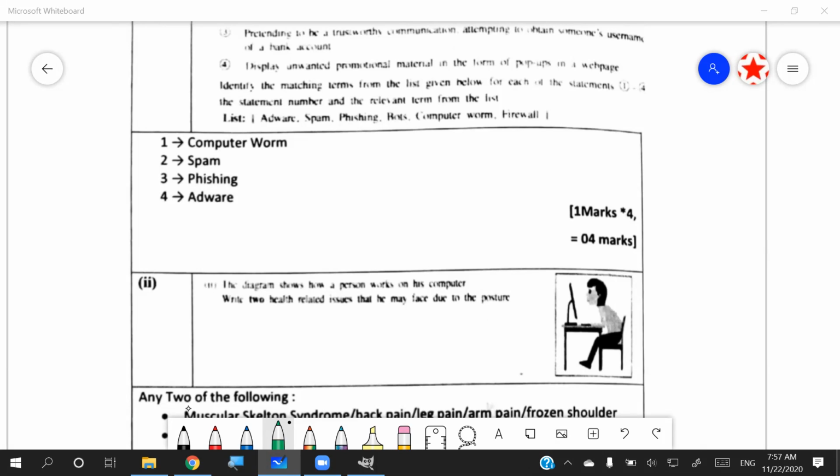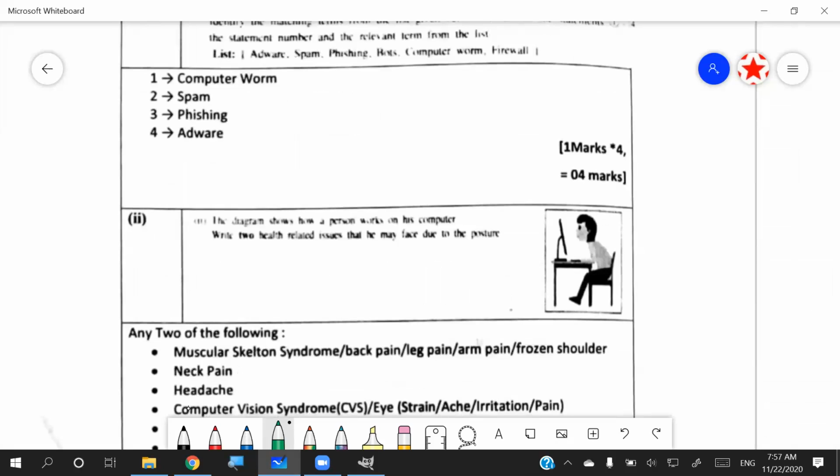All right? And in the second part, it is asking what are the incorrect postures, or what is the incorrectness of the posture that this person is showing to you. So there are many things. He's too close to the monitor, and the monitor is not below eye level, and he is bent from the backside.